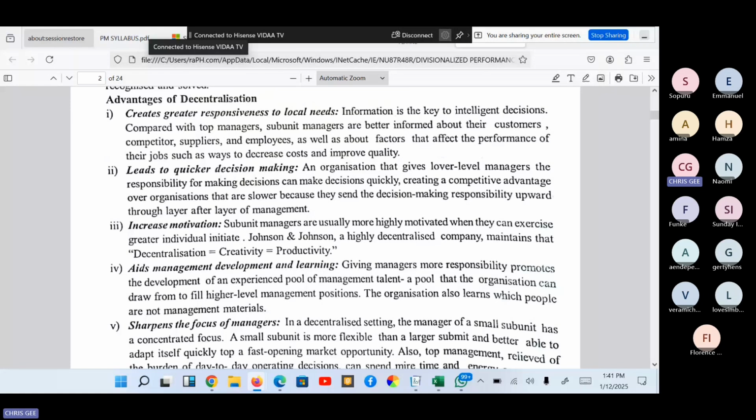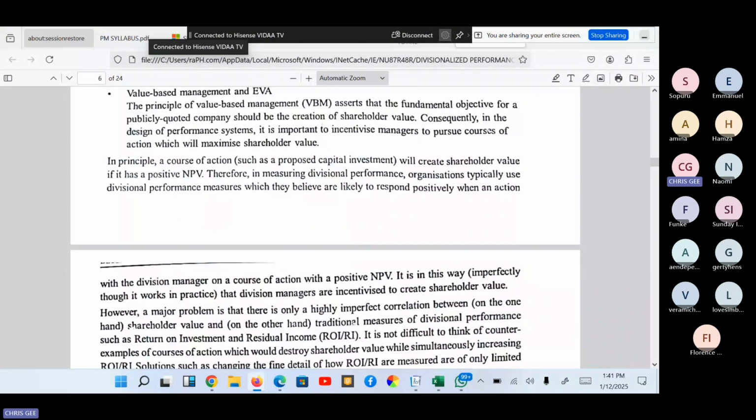The notes are all here: advantages, cost centers. Please make up your notes from this. Yesterday and today, and then the question bank.